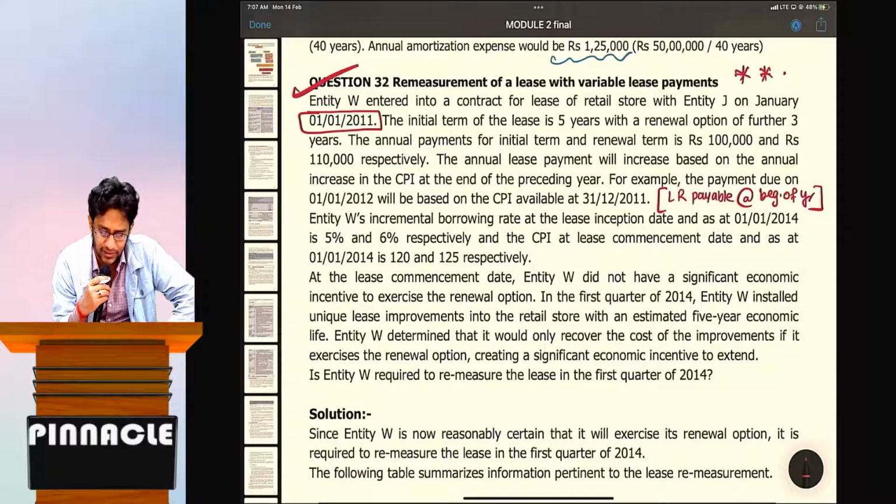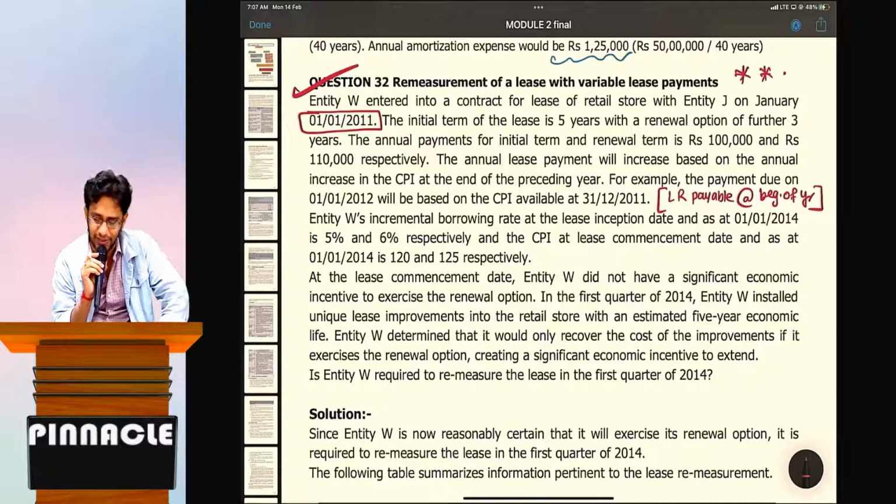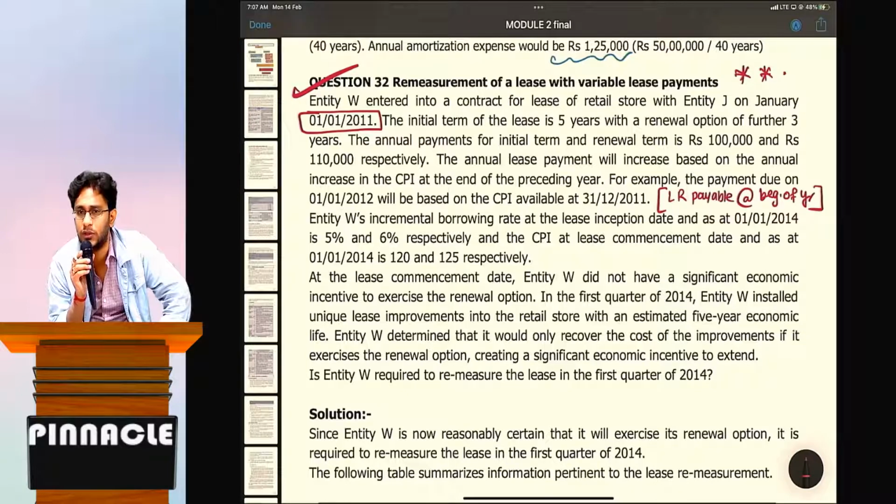At the lease commencement date, entity W did not have a significant economic incentive to exercise the renewal option. Stop there. What does it imply? It means that originally when we took the lease on the commencement date, we thought that the extension option we are not going to exercise. That means our lease term is only 5 years.